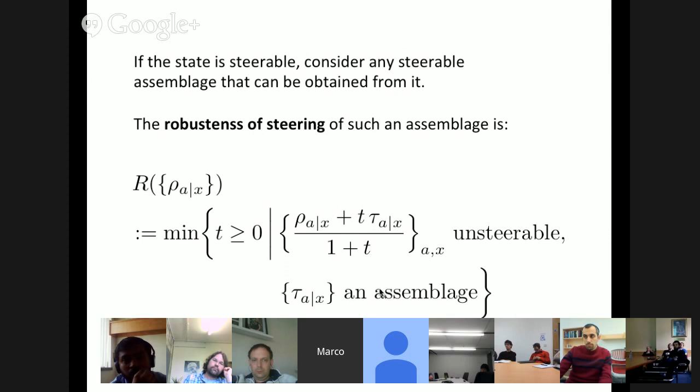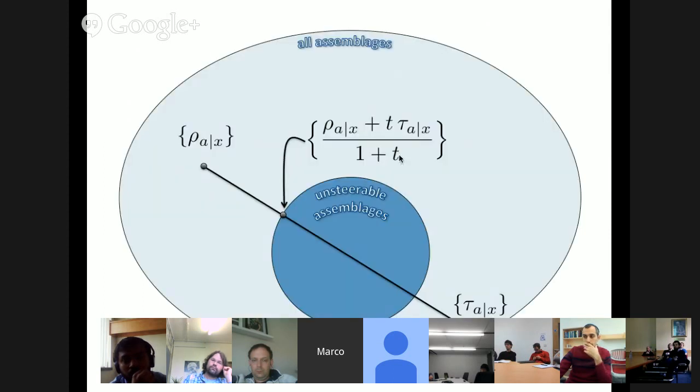The formulas might be hard to digest, so let me use this figure. Here we are considering the assemblage space, so all assemblages in principle, that means all these collections of ensembles. What we have here is our assemblage of interest, and what we do is to mix it, in a convex combination, with an arbitrary assemblage.